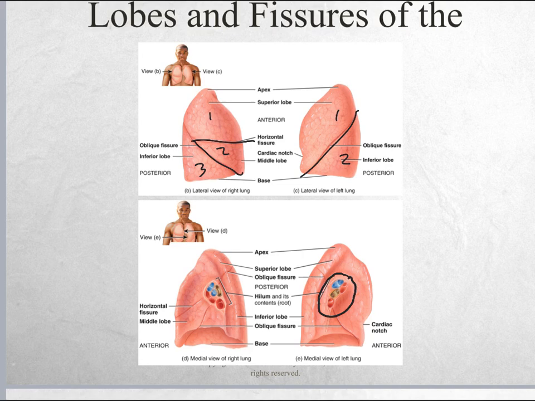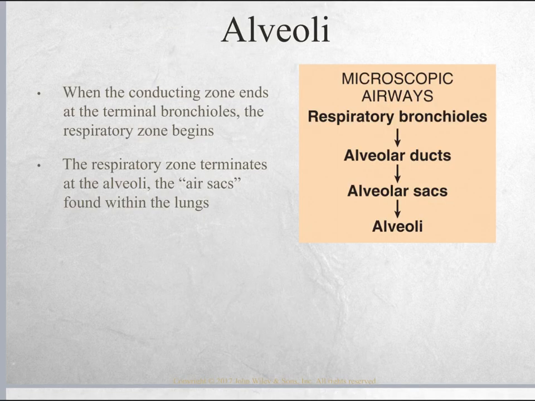Okay. Just a few more outlines. We drew a triangle a couple slides ago to show the apex and the base. Well, here's our apex on top and the base, so the point and the broad portion. The next series of events that we're going to talk about is in our respiratory zone. So remember, when the conducting zone ends at the terminal bronchioles, our respiratory zone begins. We're going to start with the respiratory bronchioles, lead to our alveolar ducts, to our alveolar sacs, and our alveoli.